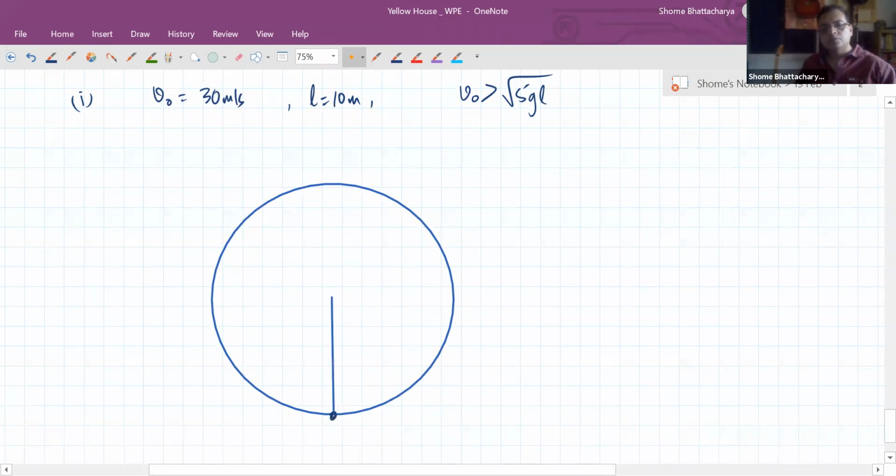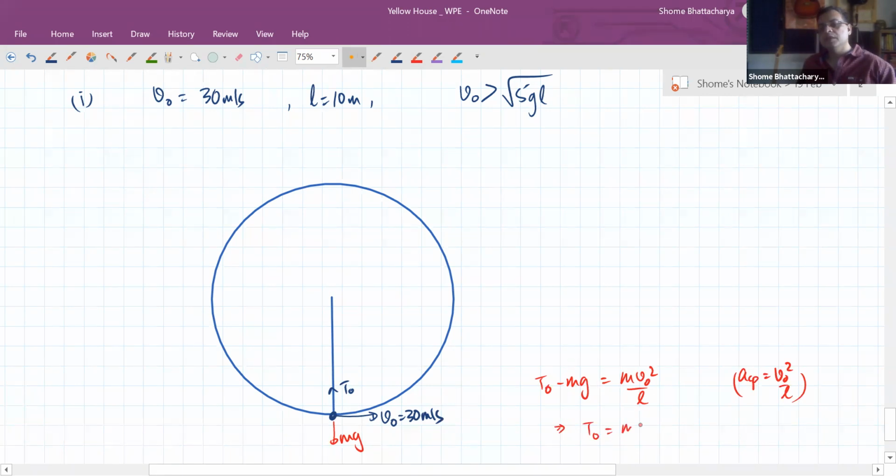If it starts from the bottom with the speed of 30 meters per second, then at this point the tension will be such that T0 minus mg is equal to mv square by L. So tension at the lowest point will be mg plus mv square by L.